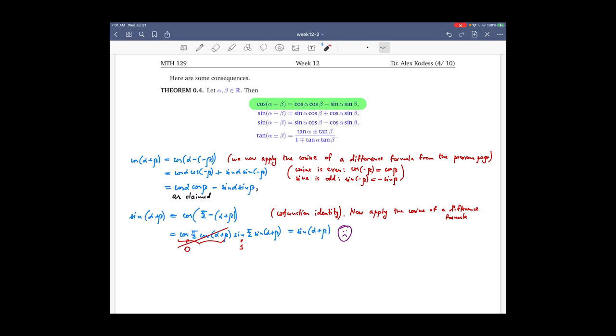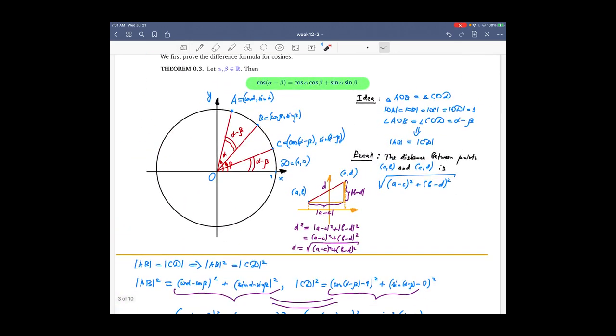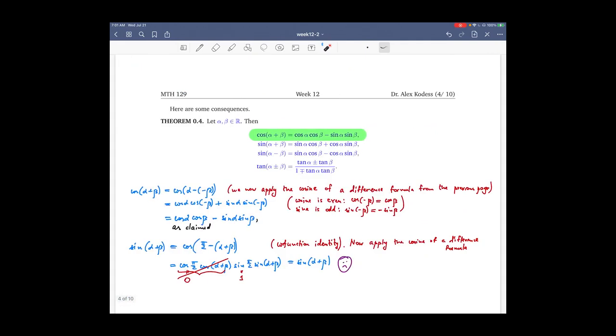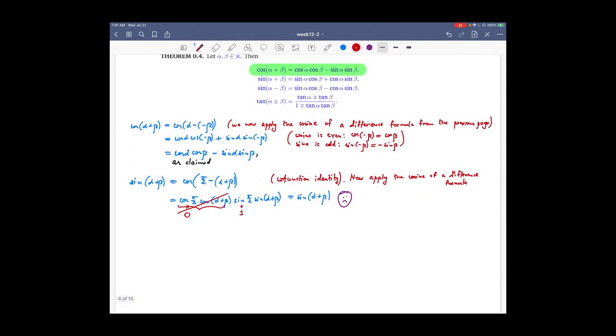Apparently the co-function identity doesn't work, so we might use an argument similar to the one we used for cosine of a difference, alpha and beta. Think about it. We might get back to this question later. But what about tangent, though?